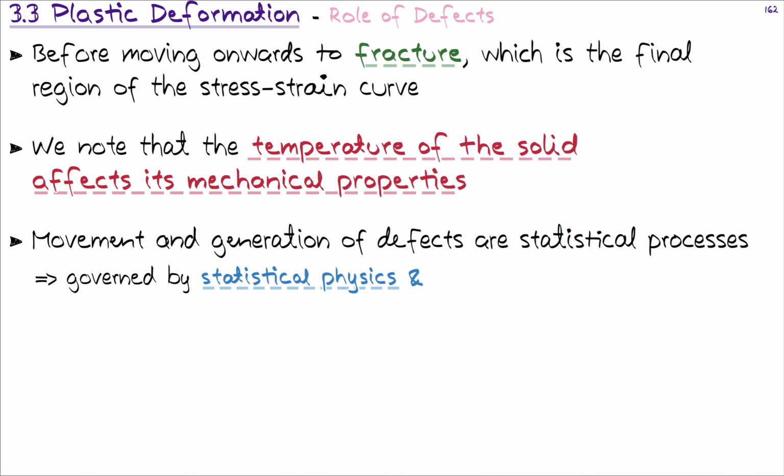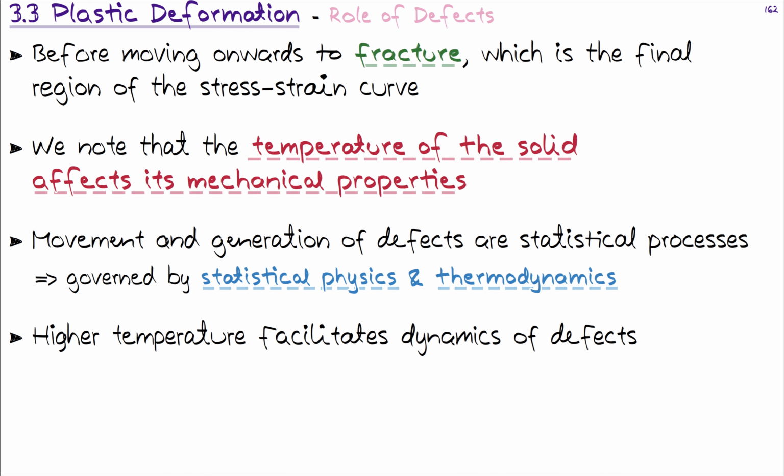If you want to understand more carefully and quantitatively what happens in solids, in terms of the properties of solids where defects play a role, you should be knowledgeable about statistical physics and thermodynamics too, so that you can see them as dynamical processes. The rule of thumb here is that when we go higher in temperature, we have more energy in the system, and this eases up the dynamics of defects.